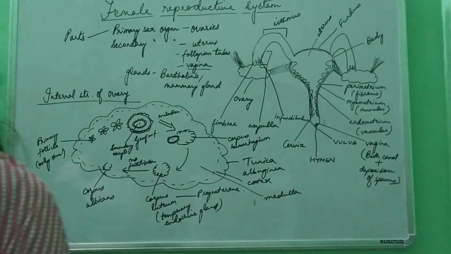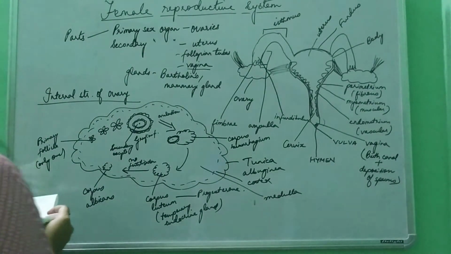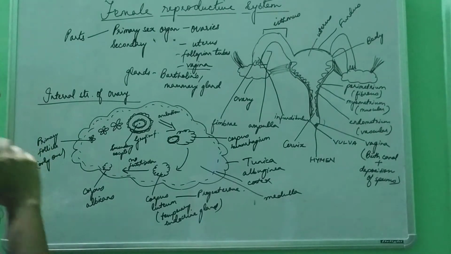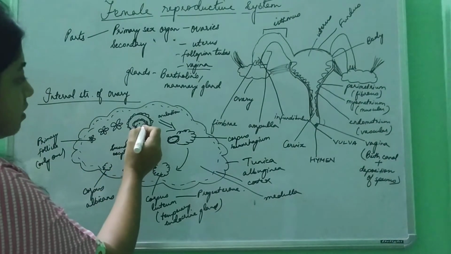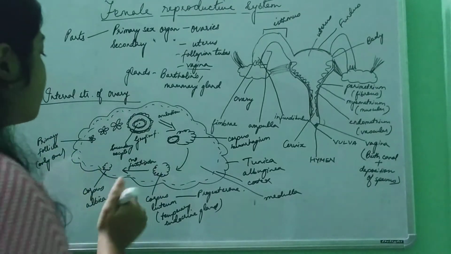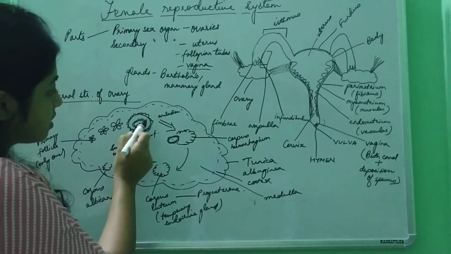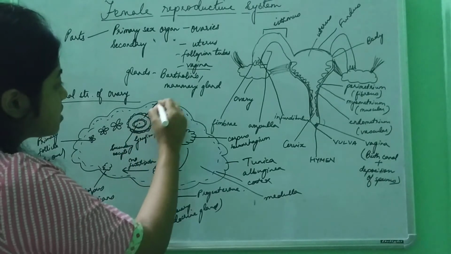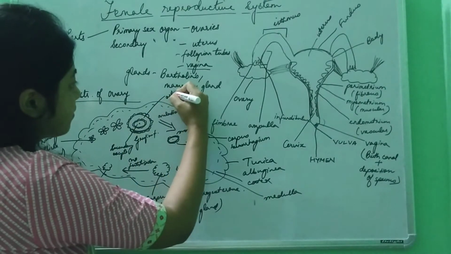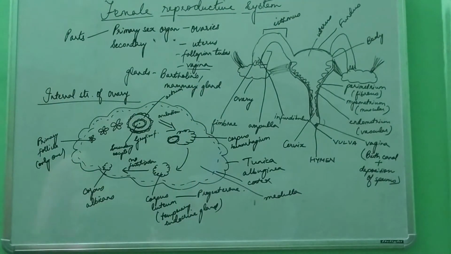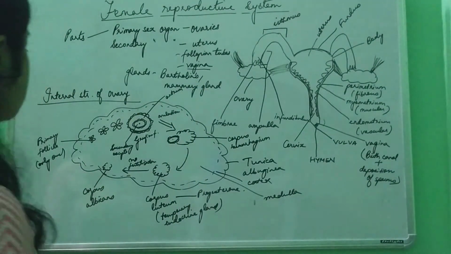Also, this Graafian follicle will have a cavity. This cavity is known as antrum. It is a fluid-filled cavity. So this is the internal structure of the ovary.